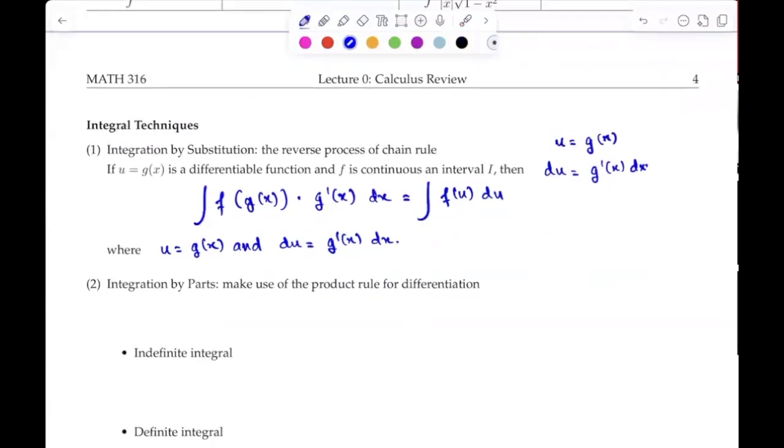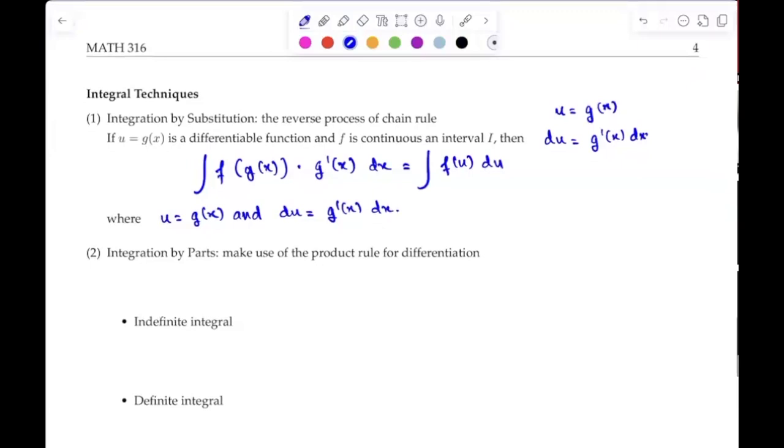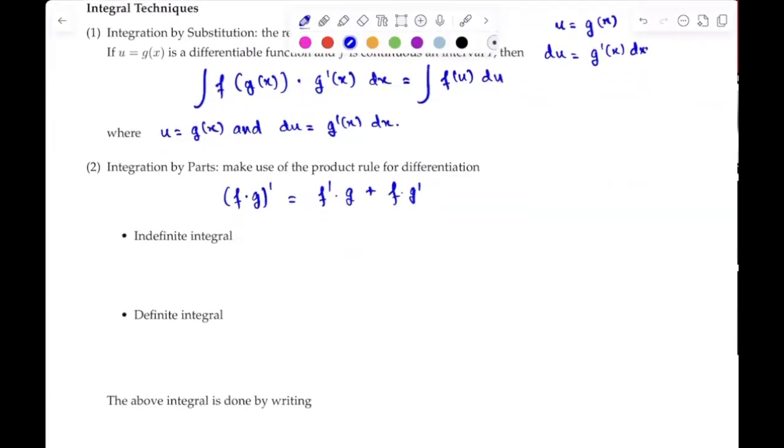Now, integration by parts makes use of the product rule for differentiation. Again, this is the reverse process of the product rule. The product rule says the derivative of f times g is equal to f prime times g plus f times g prime. Now for the indefinite integral, you have the formula: the integral of f of x times g prime of x dx is equal to f of x times g of x minus the integral of g of x times f prime of x dx.